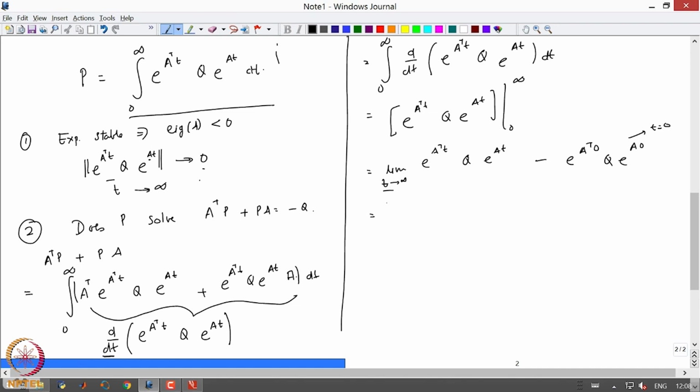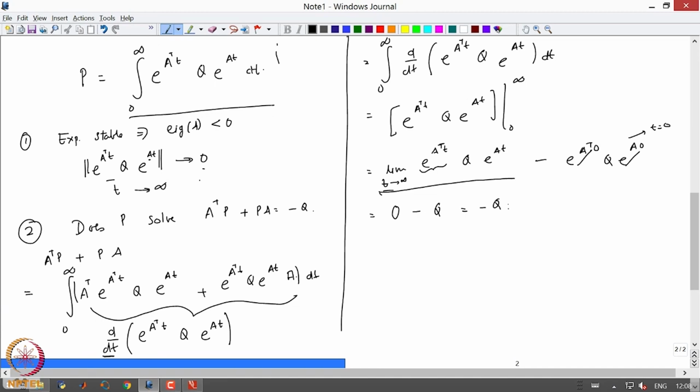Now, look at this term carefully. What happens to this term as t goes to infinity? I know that A is an exponentially stable matrix, so these entries will go to 0 as t goes to infinity. So, I am left with a 0 here, minus, and these are the identity, this is the identity. So, I am just left with minus Q.